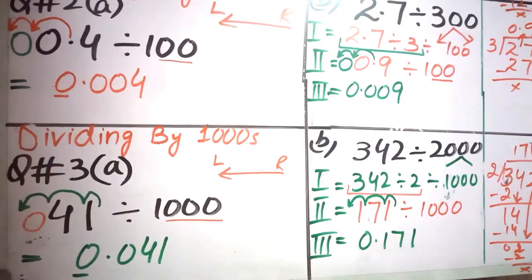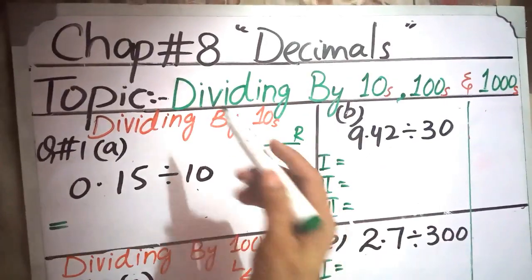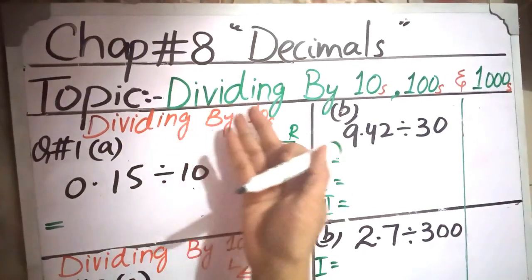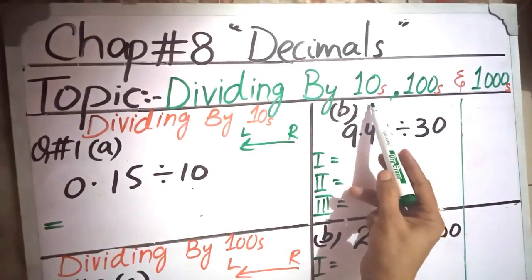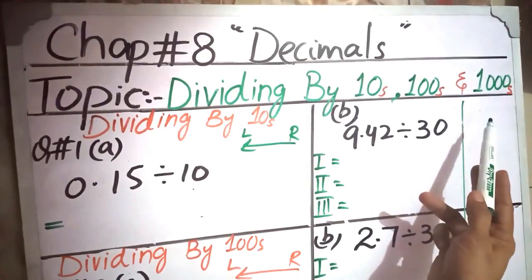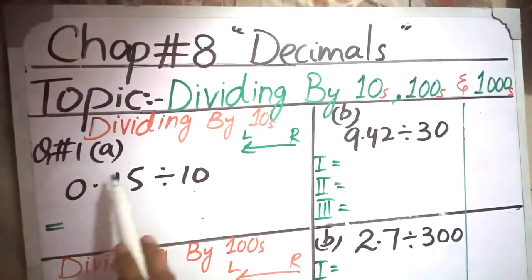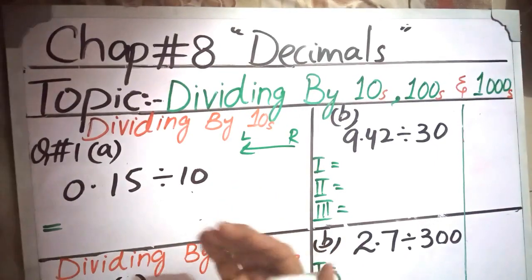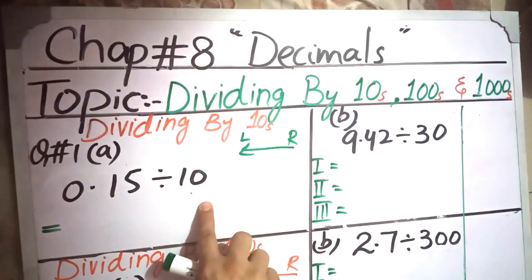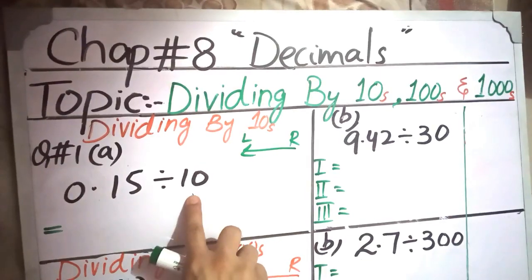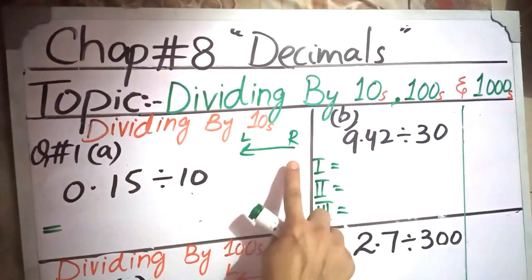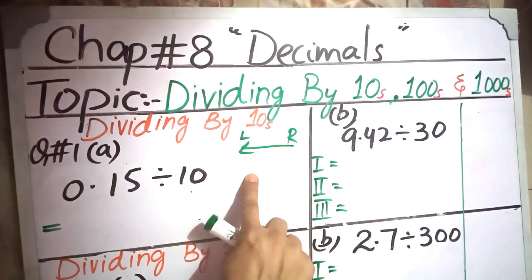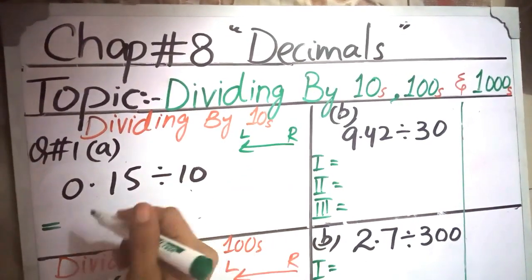Class 5, with the same chapter, decimals, we will start the new topic, dividing by tens, hundreds and thousands. Now question number 1. Whenever we divide a decimal by tens, keep in mind that we have to shift the point from right to left.